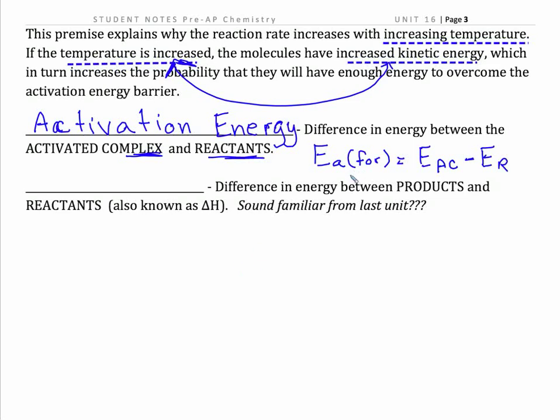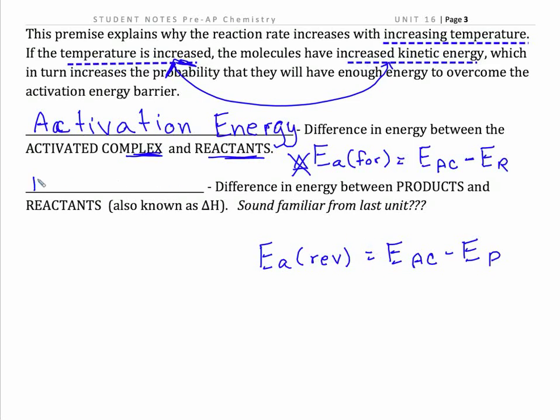Now, so the activation energy is really a delta. You can think of it as a difference, as a delta. But we don't write that. It's simply a convention that never caught on. Now, the activation energy for the reverse direction would be the energy of the activated complex minus the energy of the products. So we can talk about that in the reverse as well.